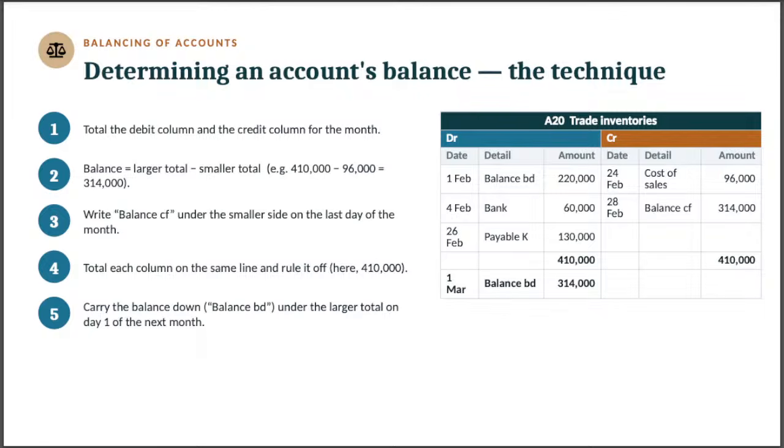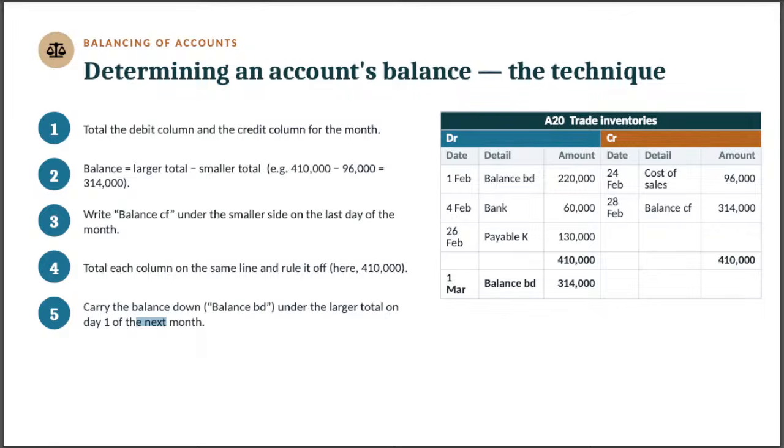So, determining the account's balance. Here's our technique. One, total the debit column and the credit column for the month. So we total those up. Two, balance equals the larger total minus the smaller total. Balance c/f under the smaller side on the last day of the month. Then total each column on the same line and rule it off. Here, 410,000. Then carry the balance down, balance b/d, under the larger total on day one of the next month.